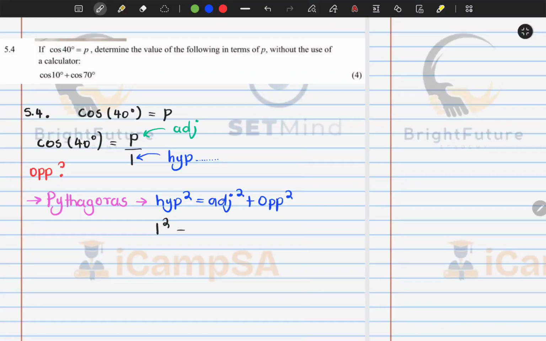So we have 1 squared equals P squared plus our opposite side squared. We can transpose and have our opposite side squared equaling 1 minus P squared, and you will see that our opposite side will end up being the square root of 1 minus P squared.